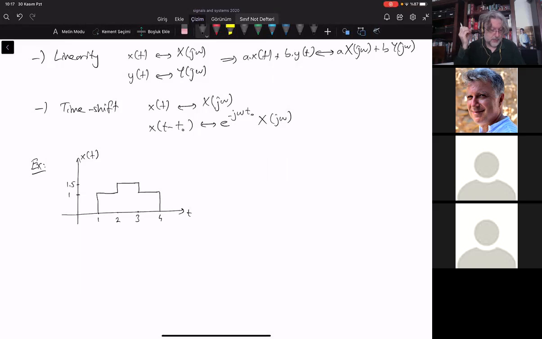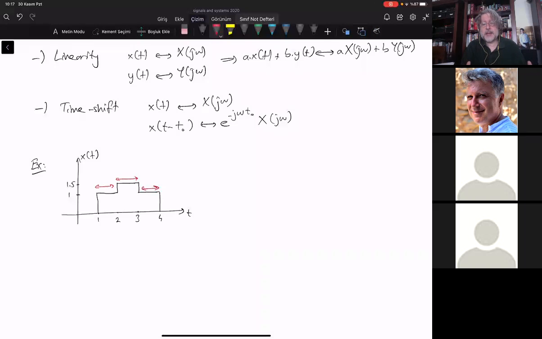What is the Fourier transform of this, and how can you find it? You can find it in various ways, as I say. For example, you can split this into 3 rectangular boxes. Each of them is differently shifted. One of them is here, the other one is here, and the other one is here, for example.